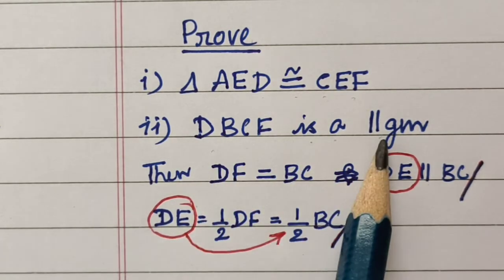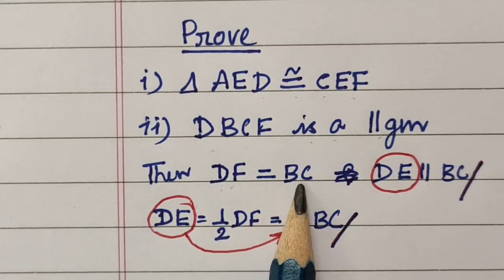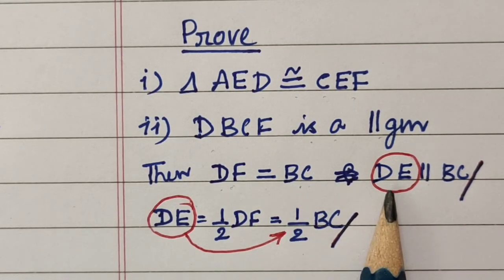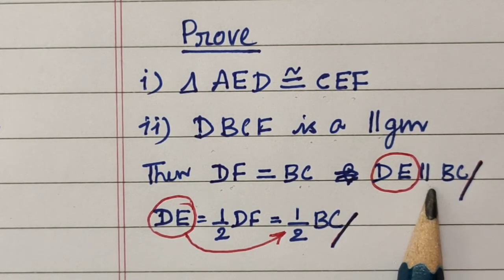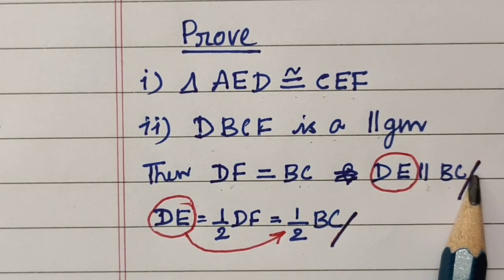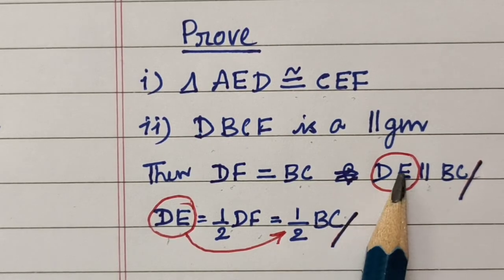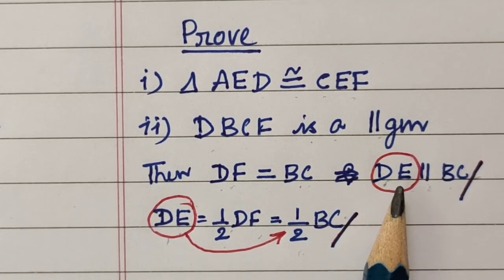Once DBCF is a parallelogram, opposite sides of a parallelogram are equal, so DF is equal to BC. Then DE is parallel to DF, therefore DE is parallel to BC. This is the first condition of the midpoint theorem. Then DE is equal to half of DF, but DF is equal to BC. Hence we proved DE is half of BC. These are the two things in the midpoint theorem.